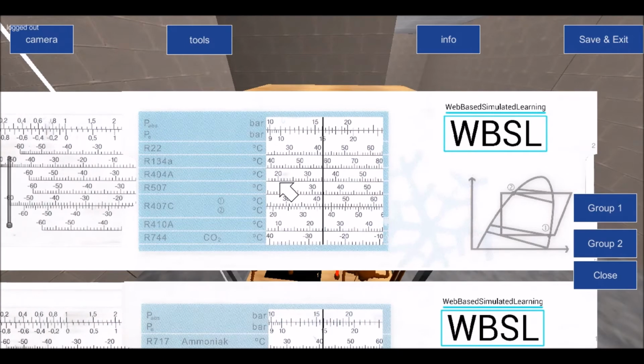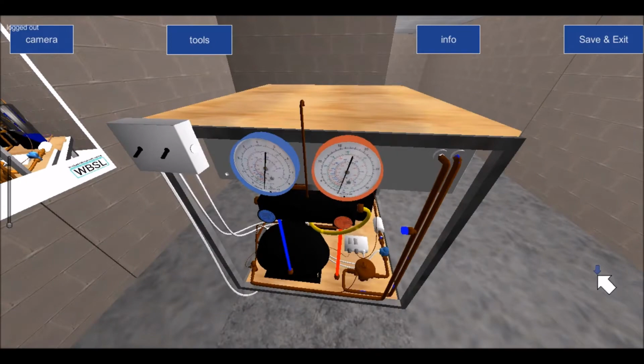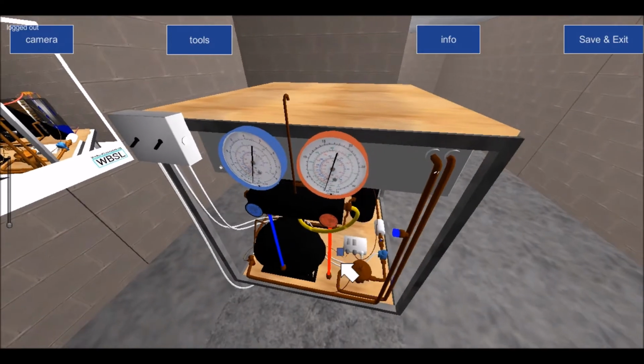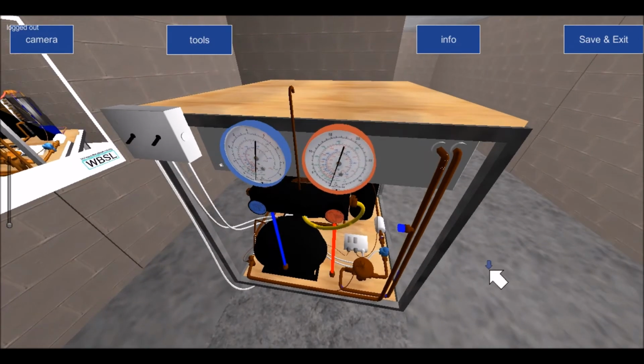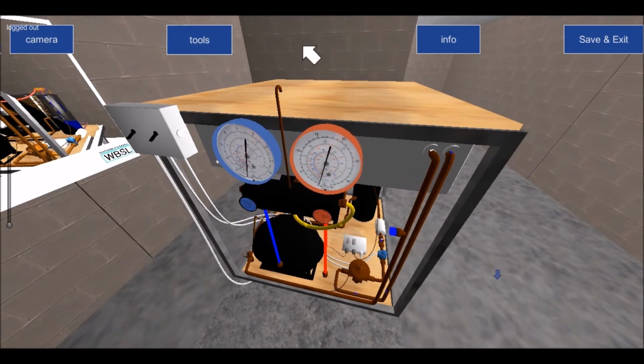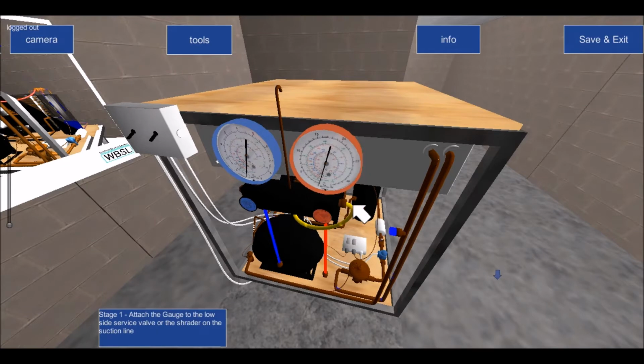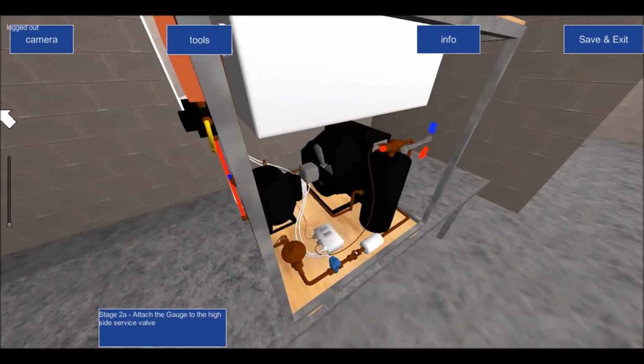If we look at the high side, for example, looking at my gauge pressure going across along here, I have 15 bar. Where did I get the 15 bar from? I got the 15 bar when I fitted my gauges. Unfortunately, I've taken my gauges off, but let's fit the gauges again and do the purge again. I'm going to do it quickly. You can practice away on your own time.